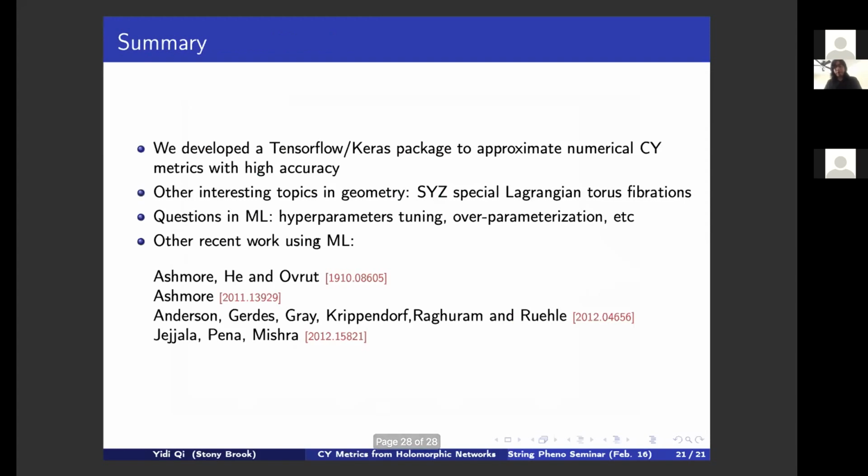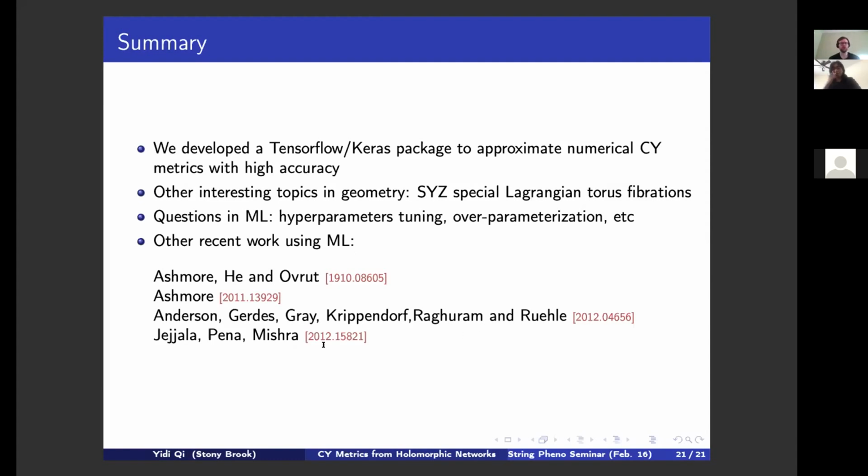Okay, so in summary, we developed the TensorFlow Keras package to approximate the numerical Calabi-Yau metric, and we can use this model for many other interesting geometry questions. This kind of network also raises many interesting questions in machine learning, but we will not have time to give more details. There have also been a lot of interesting papers on these topics using machine learning, and two of them are very recent.